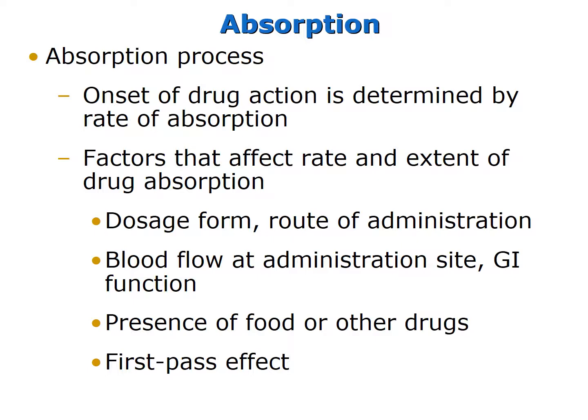You know, GI function, okay, so absorption, if we're taking a pill by mouth. Most meds are absorbed in the small intestines. So if you have someone who's having small intestines or stomach problems, not just small intestines, but stomach problems as well, then they may have a slower absorption rate.